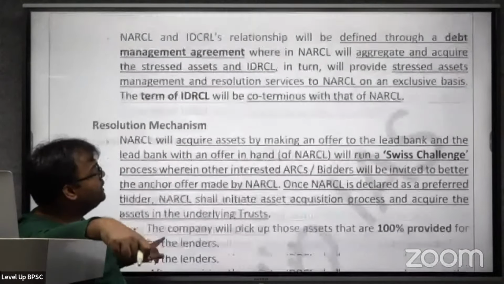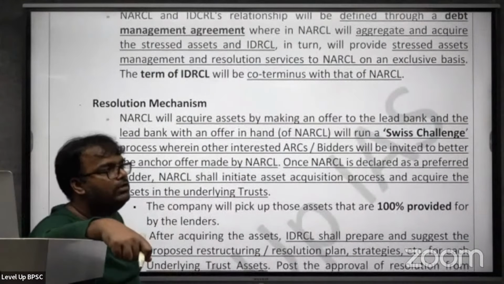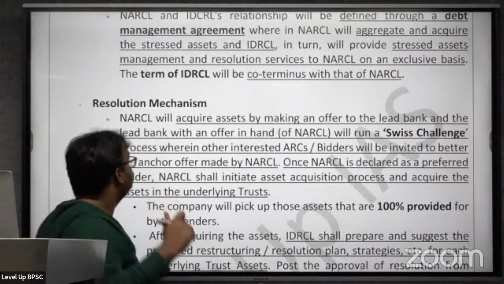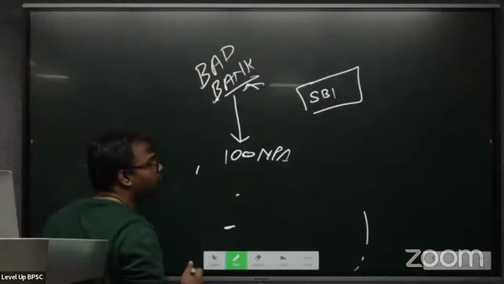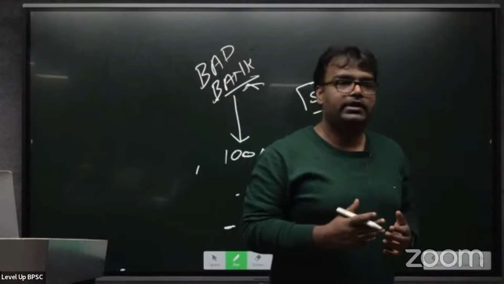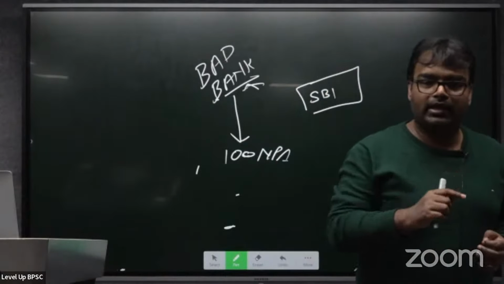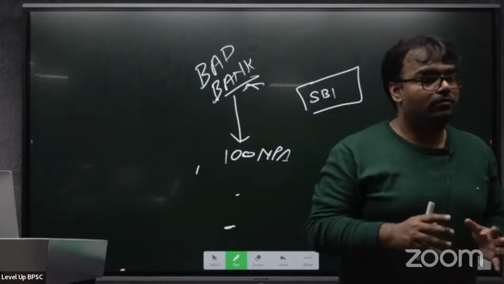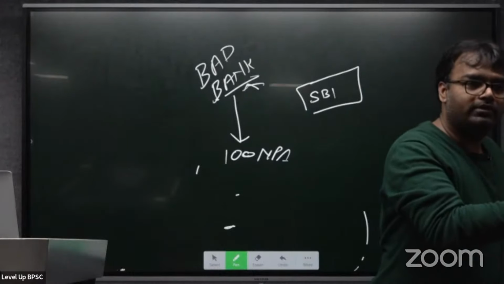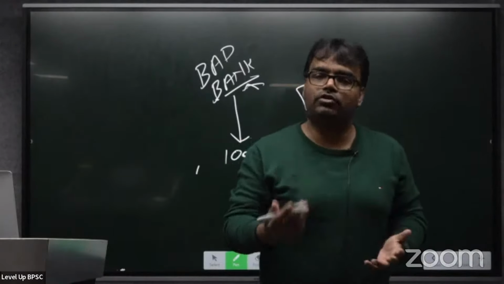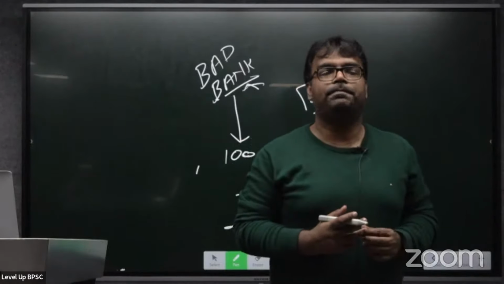So what will the resolution mechanism be? They will go through what is called the Swiss challenge. Let me explain what the Swiss challenge is. This is kind of an asset reconstruction company. See NARCL, ARC is asset reconstruction company. When an asset becomes non-performing, reconstructing it and recovering it is the work of an asset reconstruction company.